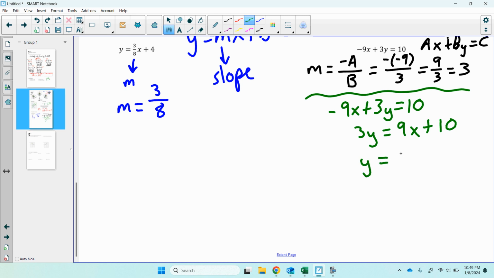Make sure you divide all parts. That means in order to get y by itself, I'm dividing both the 9x and the 10 by 3. And so now I can see that the number in front of x, or that's being multiplied times x, is 3.